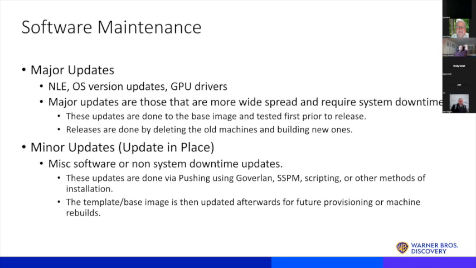We will update the base image, test that prior to release, and then release it by creating new pools for users to jump on. Minor updates are what's called update in place, where we can push out the software using our tools, Goverlan, SCCM, any type of scripting, or even manual installations if needed. And once those are out there, we update the base image on the back end so that future provisionings or machine rebuilds will get that update.